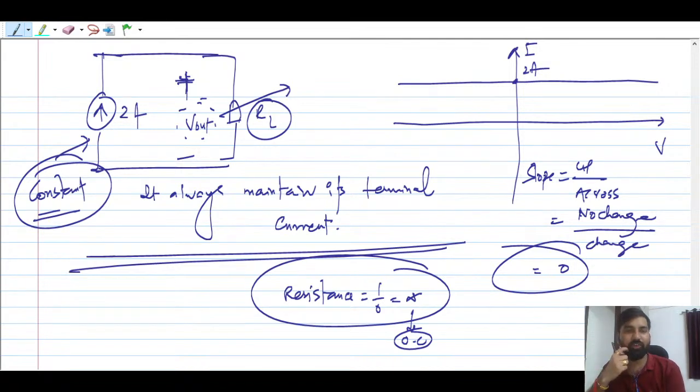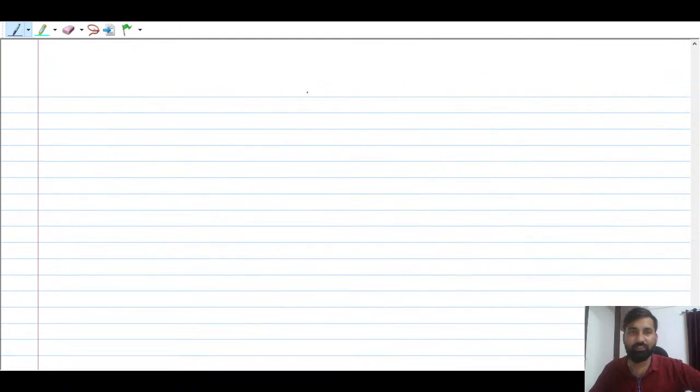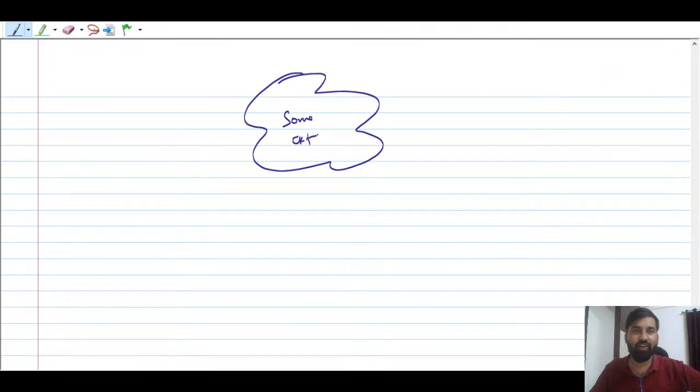So current is flowing, you can take notes and you can talk about that, ठीक है? This is very important to keep in mind. So suppose any circuit is given, some circuit you take, any circuit, ठीक है? Suppose this is a kind of circuit, and you connect here one voltage source like this, ठीक है?